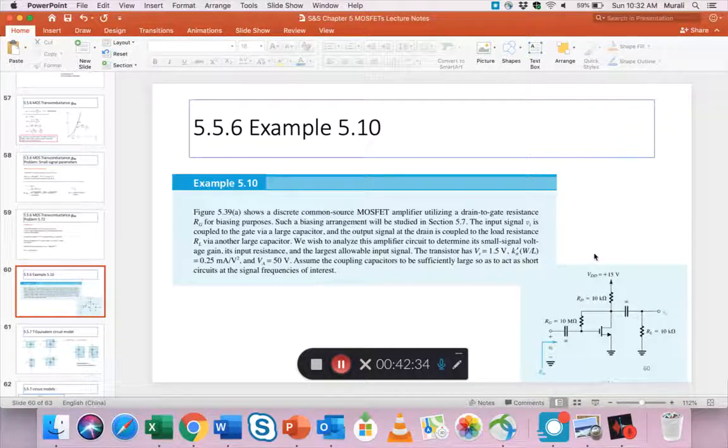Okay, so first thing I would like to point out is that the circuit diagram has these capacitors, right? I know we have seen these before when we did our BJT examples.